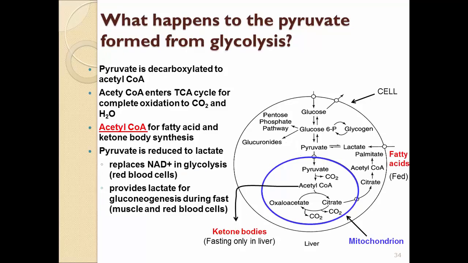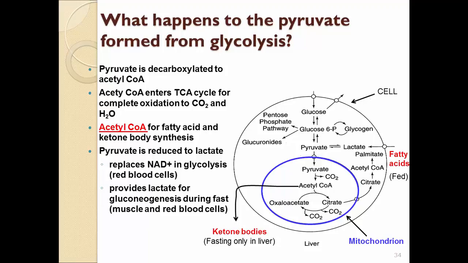All right, so let's just finish this slide and then we take a break. What happens to the pyruvate that is formed from glycolysis? Assume that the cells have mitochondria, under aerobic conditions.